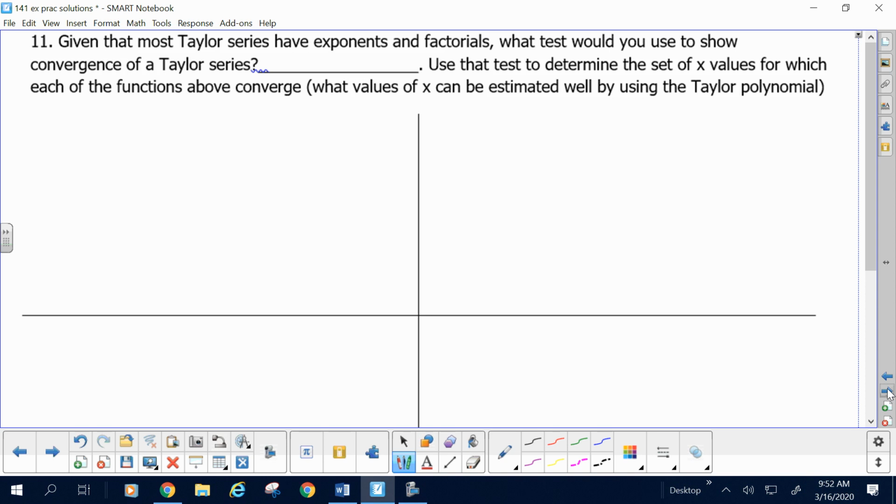You're going to use the ratio test, and then there's also this idea about the endpoints, which we're not going to touch on. Let's just get started with the big idea, which is you can use the ratio test to figure out what values of x will make this converge and what won't. All right? So say we do this for sine. Now, sine is given by this series.